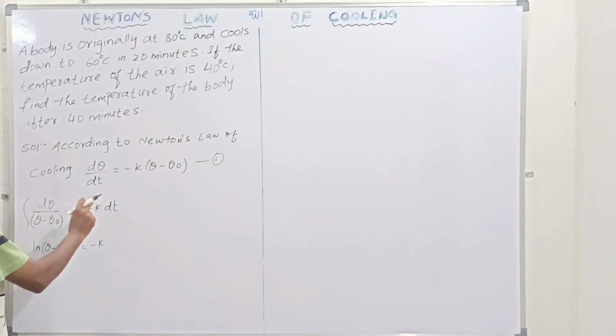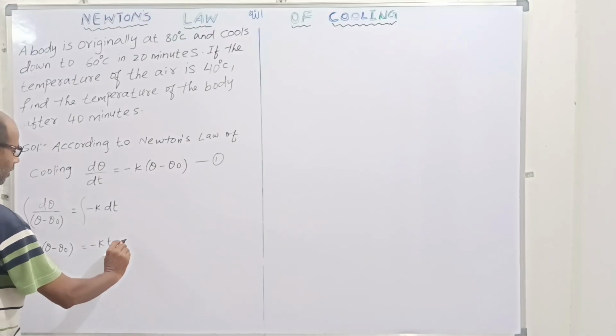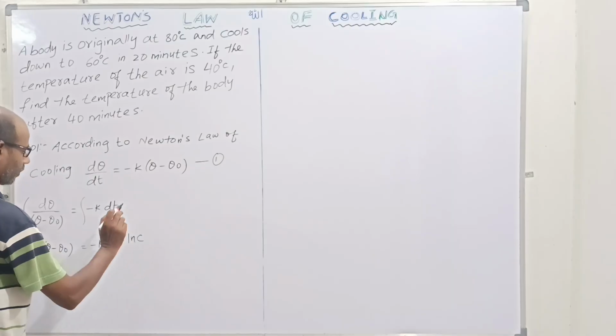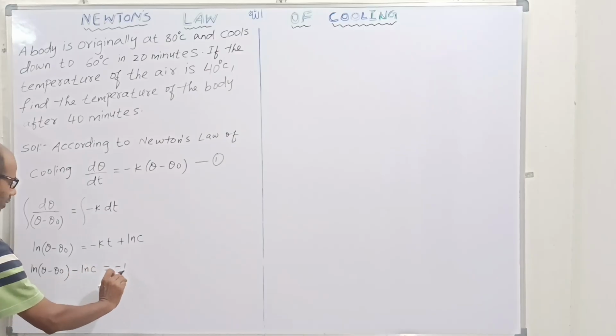The integration of dt is t plus a constant, which you can write as ln c. Now we have two ln terms, so we will move the ln terms to one side. It will be ln of theta minus theta naught minus ln c equals minus k t.